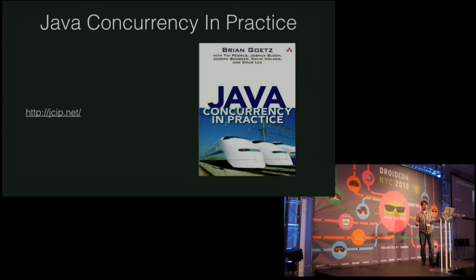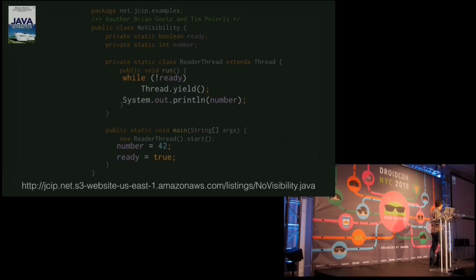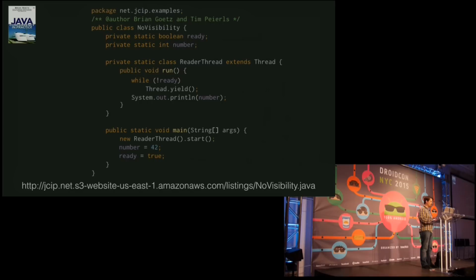And here's a simple example from the book that just motivates the point that threads can be a little bit unintuitive at times. So if you look here, we have an example of code that I took from the book. So there's 2 threads here. The main method starts a thread, and then it assigns a number to 42 and assigns this to ready.